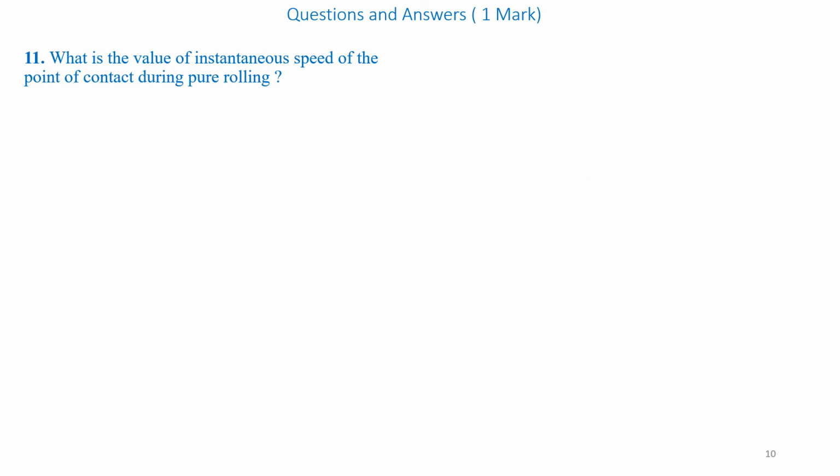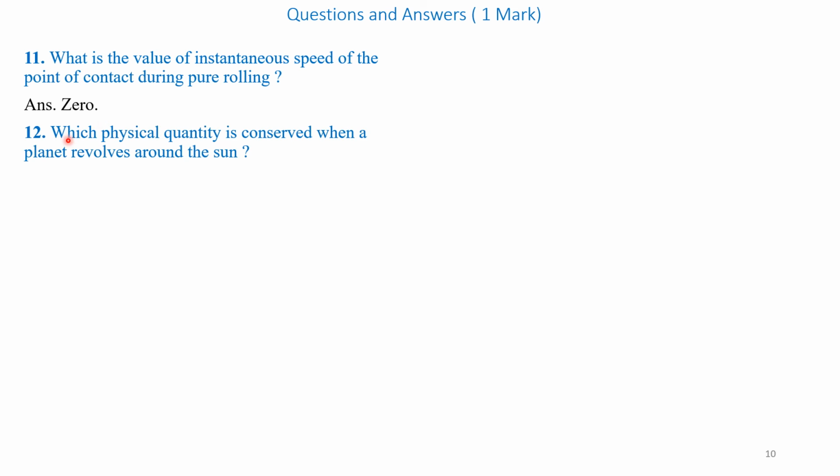Question number 11. What is the value of the instantaneous speed of the point of contact during pure rolling? The instantaneous speed of the point remains 0. Question number 12. Which physical quantity is conserved when a planet revolves around the sun?